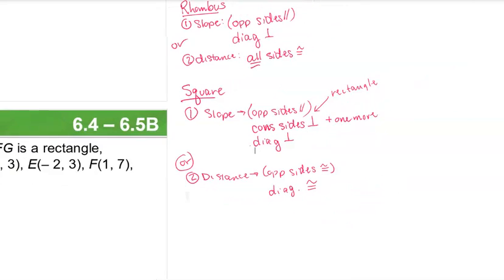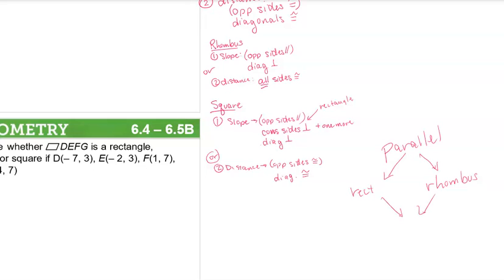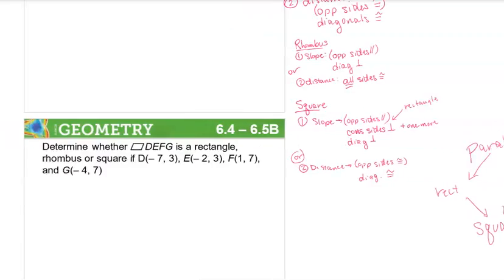There are other combinations you can do with this, but just remember that if it's a parallelogram, it's either a rectangle or it's a rhombus. And then you have to prove something more to show that it's a square. So let's work through this one.